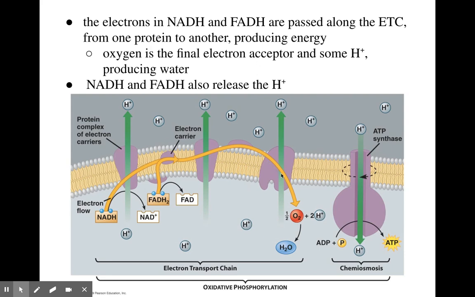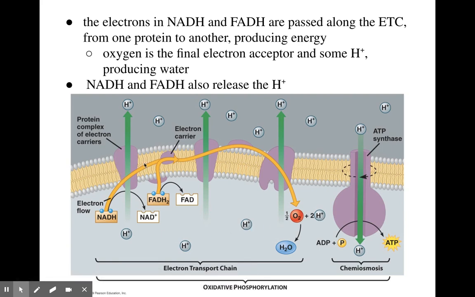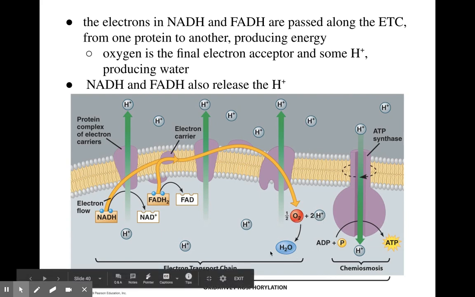And then what happens is after you get to the end, where did the electrons go? That's the question. Where did the electrons go? Well, it turns out that the electrons are going to find the oxygen that we're breathing in, and that oxygen is going to find two hydrogen ions, and it's going to accept those electrons, which will help it bond to those two hydrogen ions, and it will make water.